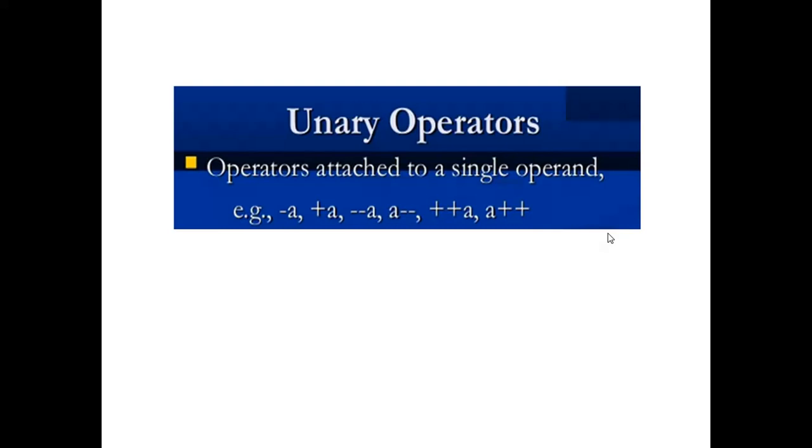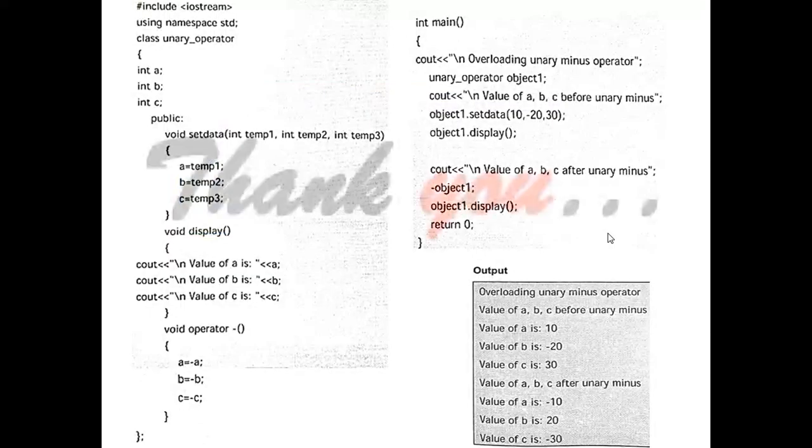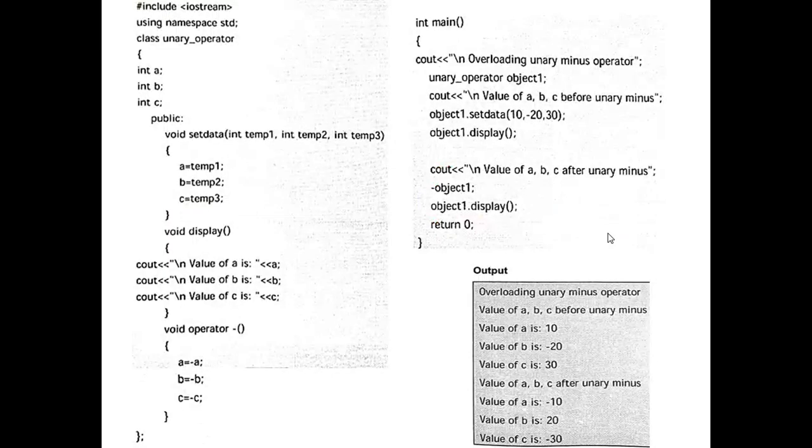In unary operators, you have only a single operand, or only one single variable on which we are performing overloading. This is the example of unary operator overloading. After writing the header files, we have declared one class which is unary_operator, and in it we have declared three variables of integer type, that is a, b and c.